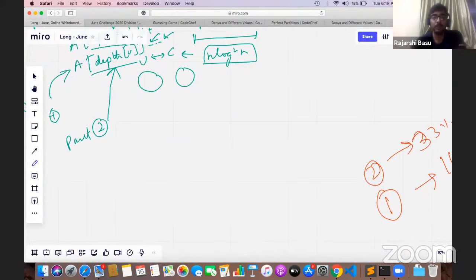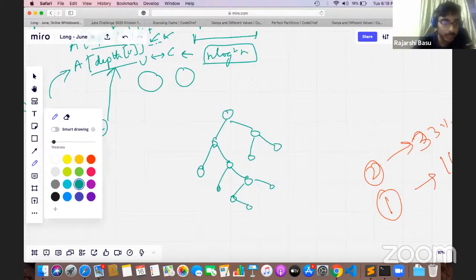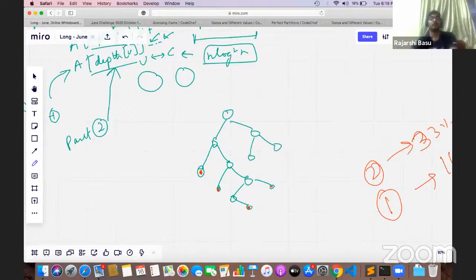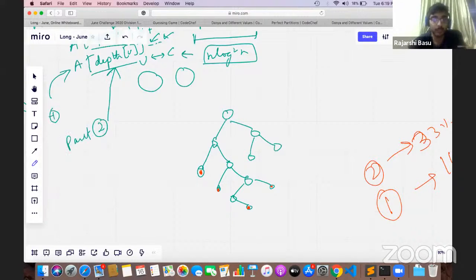For part two, we can notice something like this. Let's say this is our tree, and let's mark these nodes with red. This is red, this is red, this is red. Let's give them a number as well.